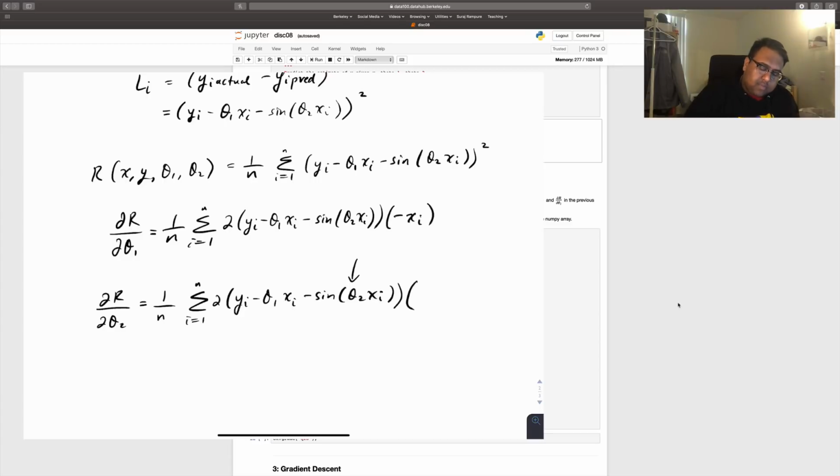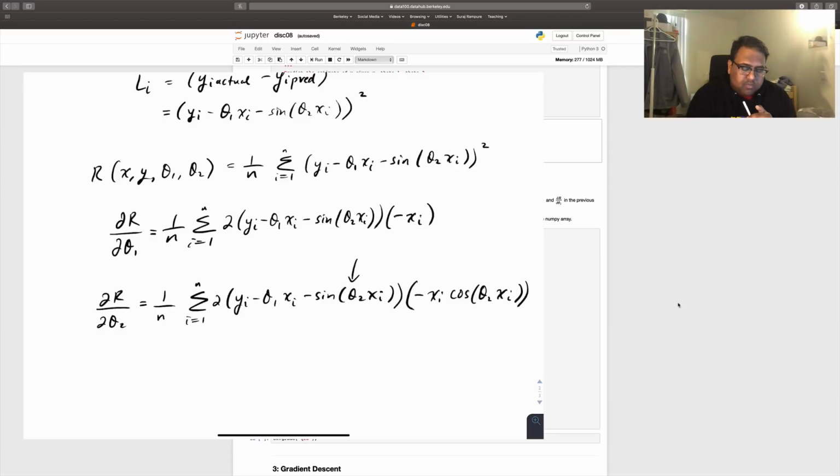So what it will end up being is negative x_i cos theta 2 x_i. That's just using the fact that the derivative of sine theta is equal to cos theta, and when we multiply by a constant inside, we end up bringing that outside due to the chain rule. Okay, so I believe this is all we really need for 2a.